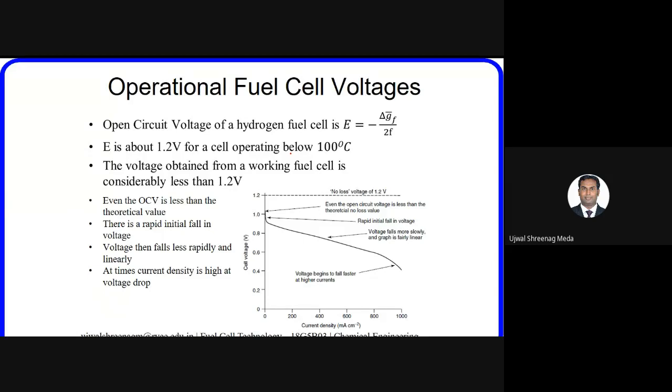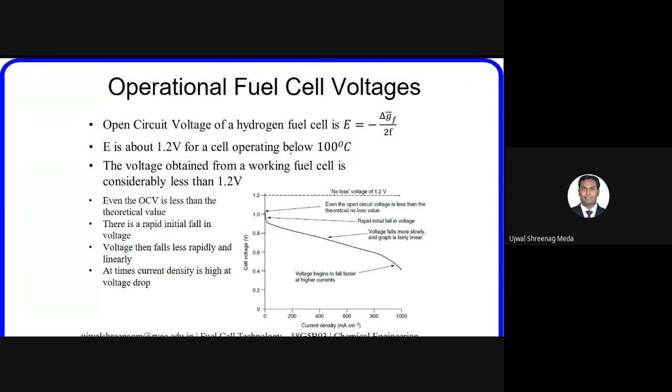So current voltage characteristics, abbreviated as IV characteristics, is commonly used irrespective of type of fuel cell. So what is this? A plot of cell voltage versus current density is known as IV curve. So this IV curve is part of the characterization of a fuel cell.